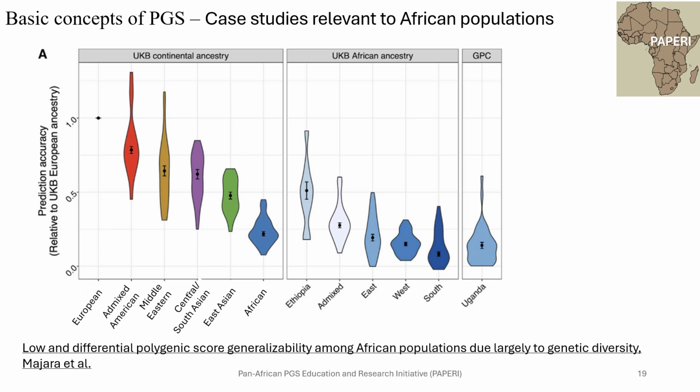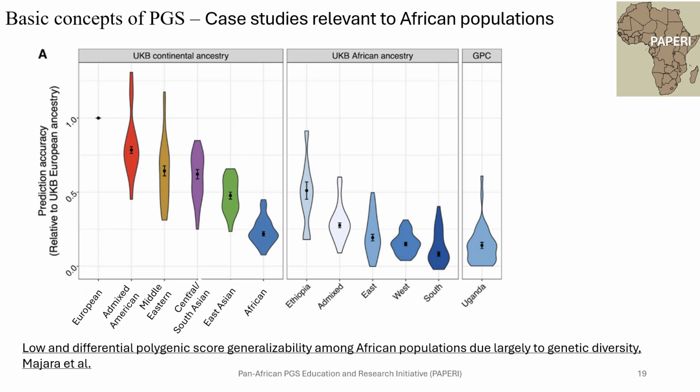Then they get the polygenic risk score performance, the R square values, for all the other populations they're examining, and divide it by the European performance, using it as a reference. What happens here is we can see a drop-off in the predictive ability of these polygenic risk scores across these different populations.